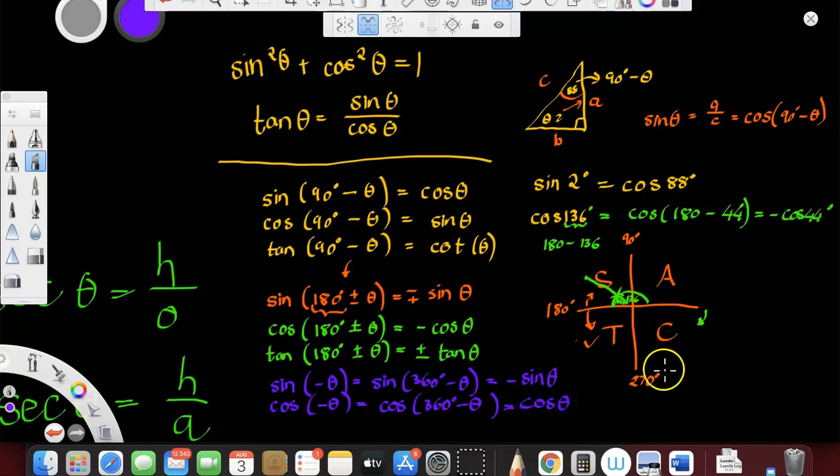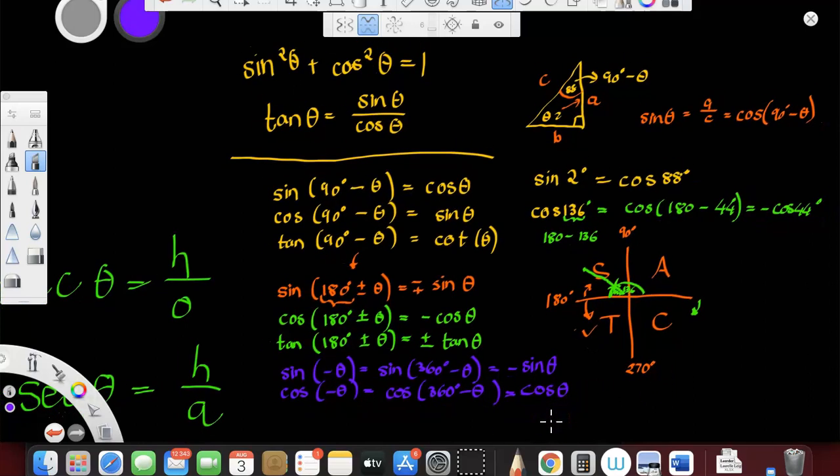So cos of negative angles remains positive. And then for tan of negative theta, or tan of 360 degrees minus theta, all of them would be negative tan theta, because tan is negative in that quadrant.